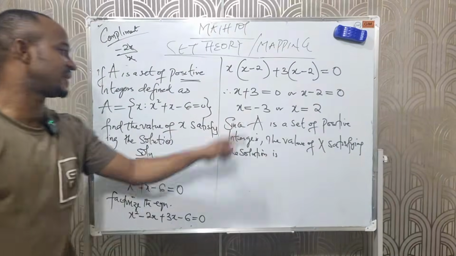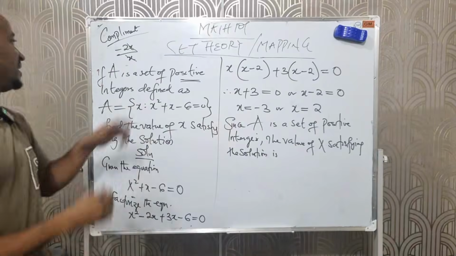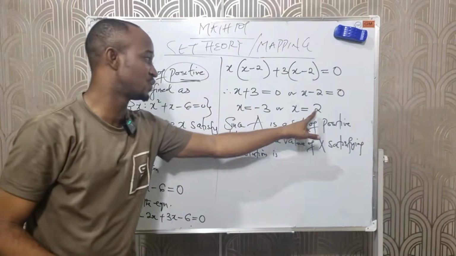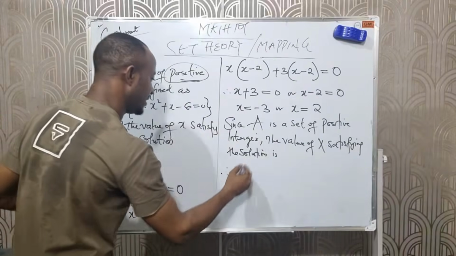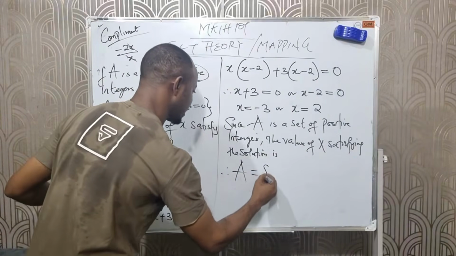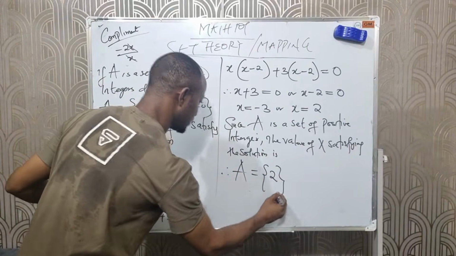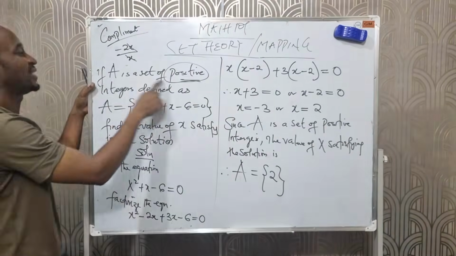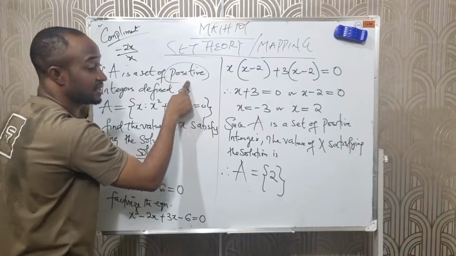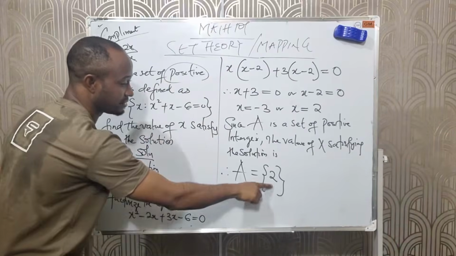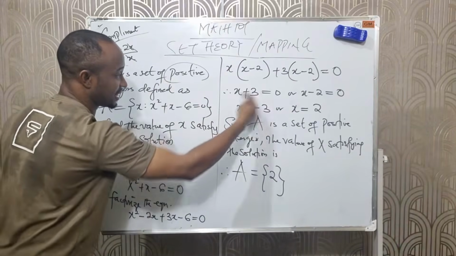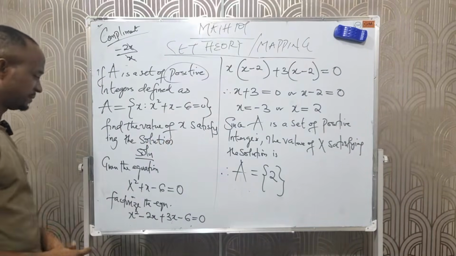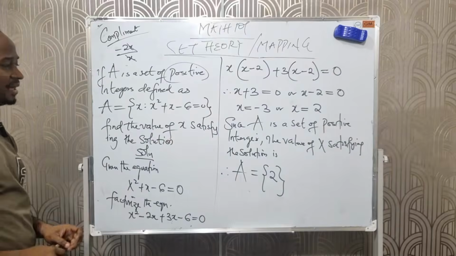Which of them will satisfy the solution? If A is a set of positive integers, that means x equals 2, so A equals set 2. But if they say A is a set of negative integers, then I'm going to pick minus 3, because minus 3 is a negative integer.